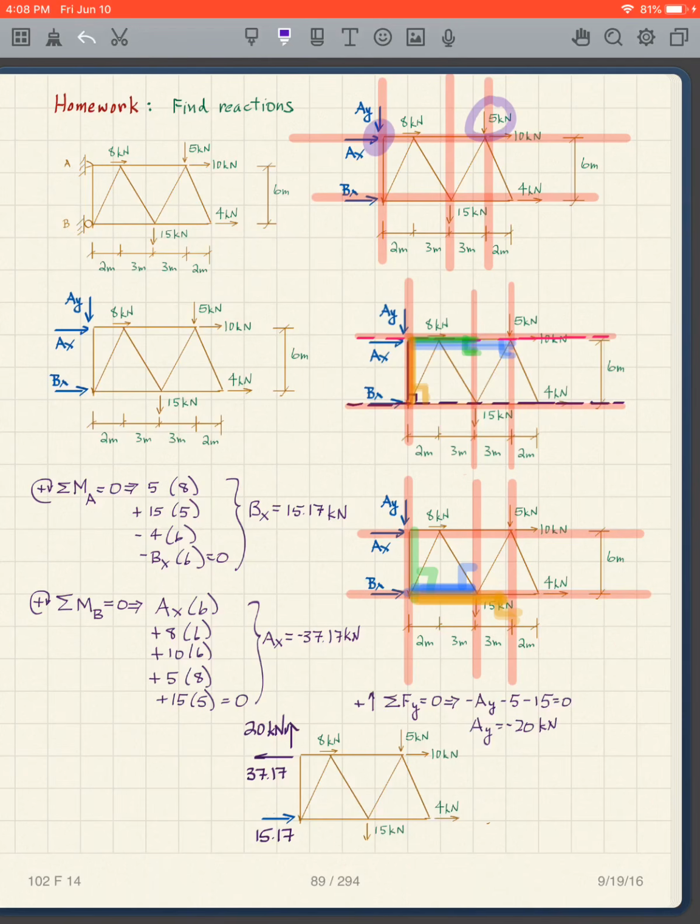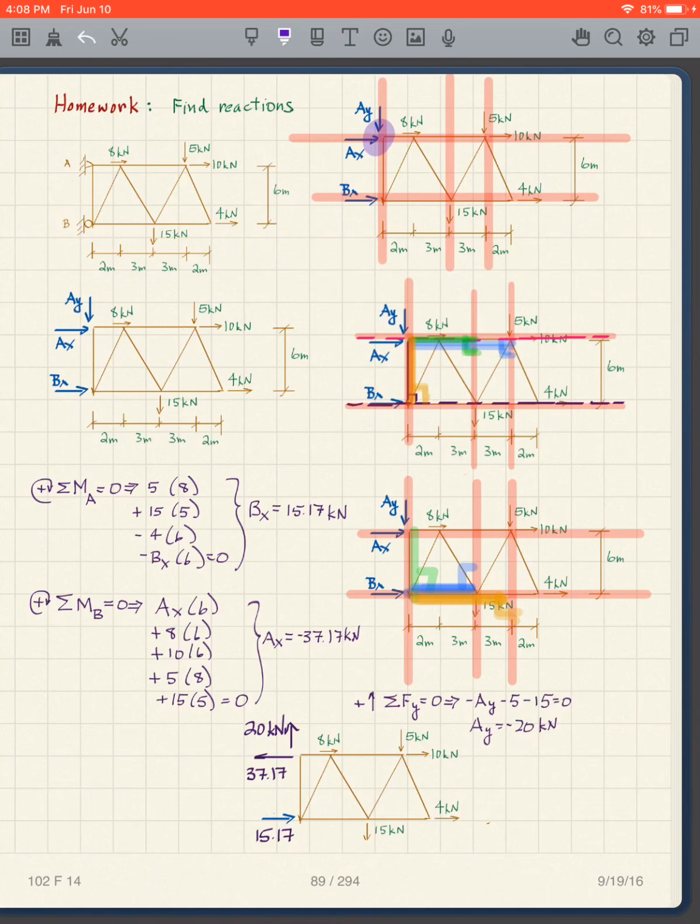Well, that's going to be 5 times 8 for that one, and this will be 15 times 5. And then I've got the 4 over here, so it's going to be 4 times 6. And BX times 6.